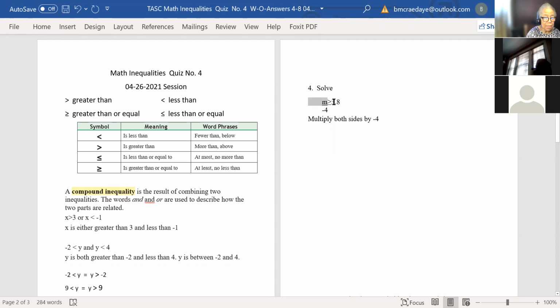So let's do that. Okay, so we'll multiply -4, so that would be -4 times that expression, and that's on the left side. And then on the right side, we'd have times -4.